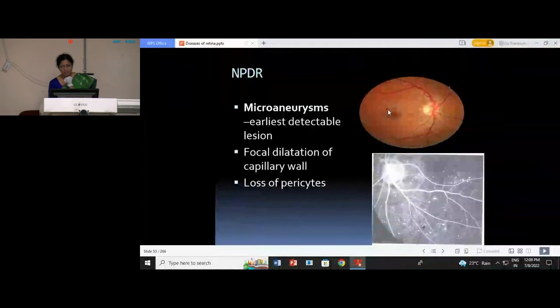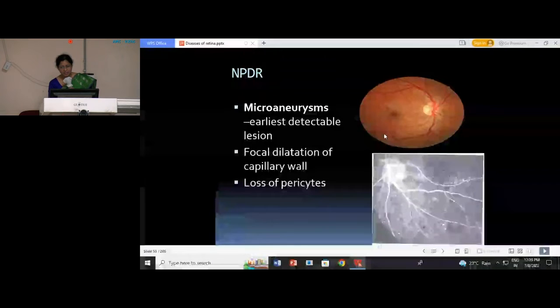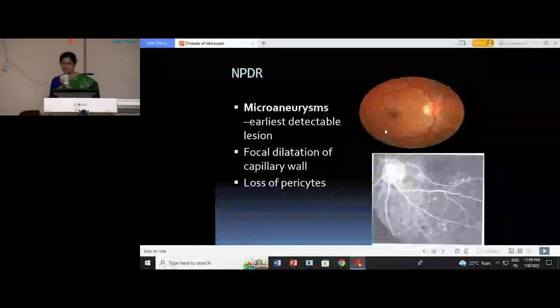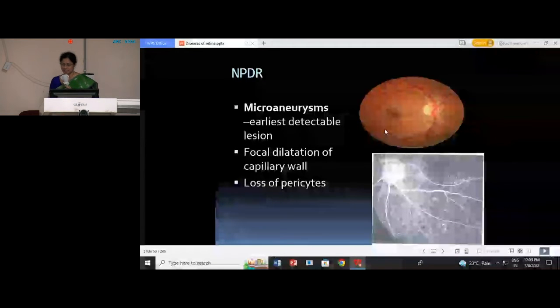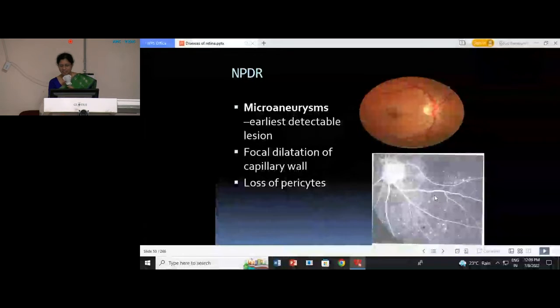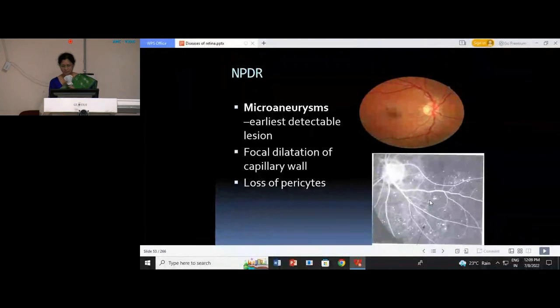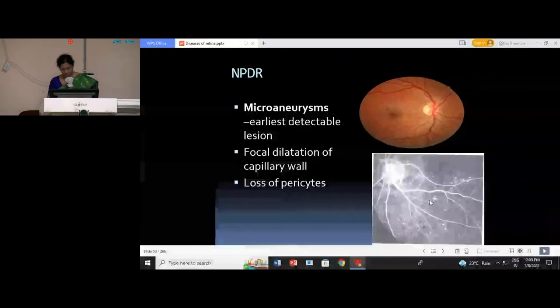They are minute reddish dot-like lesions. On FFA they are more prominent. Are you able to see the multiple hyperfluorescent spots? These are all the microaneurysms, one of the earliest features of non-proliferative diabetic retinopathy.